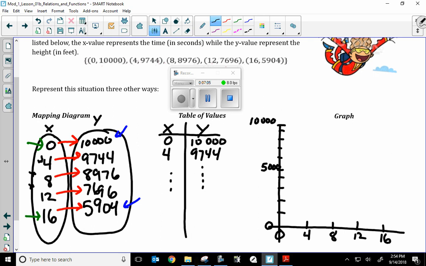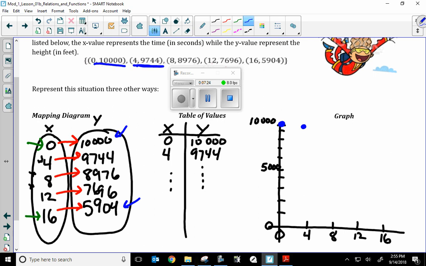And I'm just going to plot these points. The first one is 0, 10,000. So at 0 on the x, I'm at 10,000 on the y. The next one is 4, and that's almost 10,000. It's 9744. So 4, and that is real close to 10,000 right here.